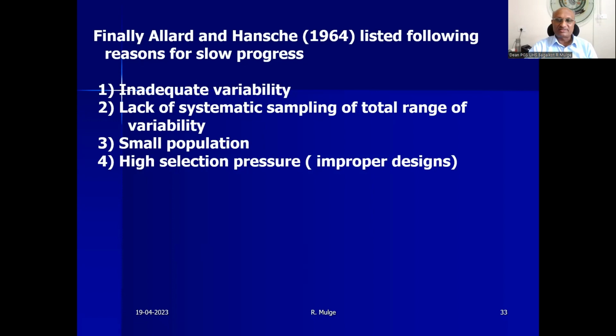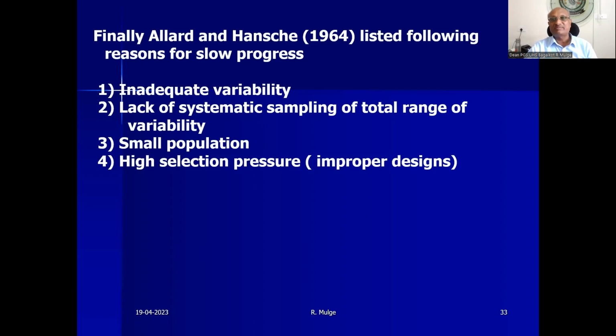The top best plant you are selecting may suddenly not do well because it's being influenced by environment, and your selection pressure should not be very high. What does it mean? The plants are there. Out of that, you should select 10 plants, not 1 or 2. Select 10 plants.